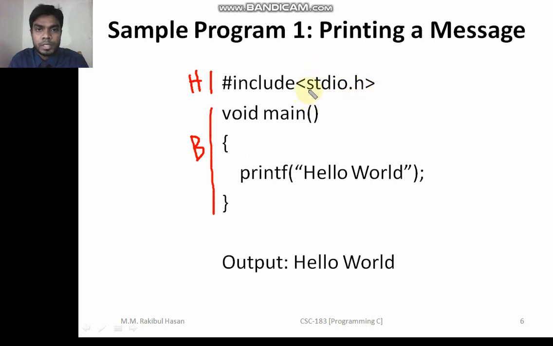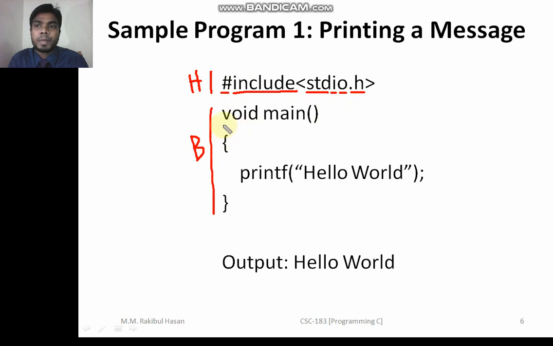The full form of stdio: std means standard, i means input, and o means output. And dot h means header file. This is the full form: standard input output header file. I would like to include this header file. That's why I write one keyword called include, and we have to use one hash symbol here. So this is the head of our program, right? You have to memorize it, as I already mentioned. You have to use this in each and every program.